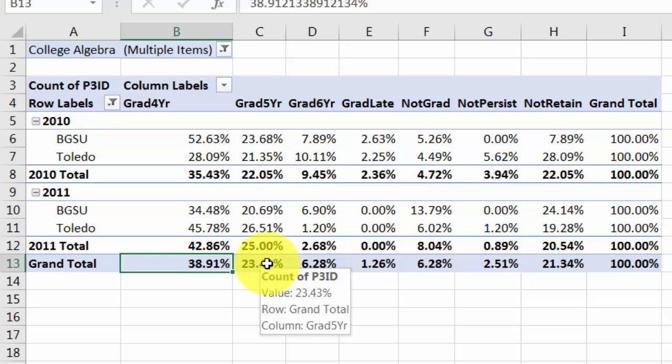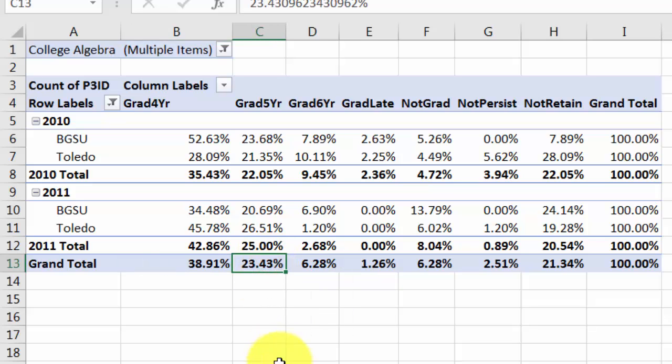The 5-year graduation rate is at about 23%, 6-year graduation rate at about 6%. And if we look at the negative outcomes, 21% of them were non-retained, and 2.5% of them did not persist.